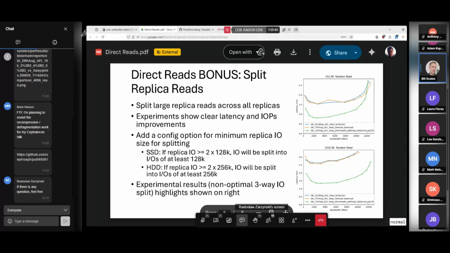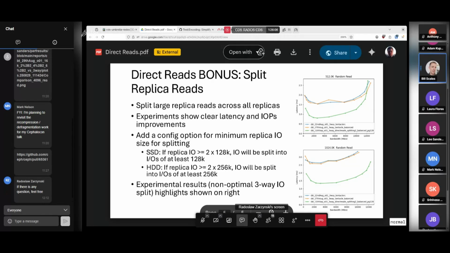We've got to be careful that we don't split the IOs if they're too small. In the experiments we've just done with our prototype, the 256K random reads, we got a latency improvement, but the maximum bandwidth we got was slightly less when we were splitting the IOs.